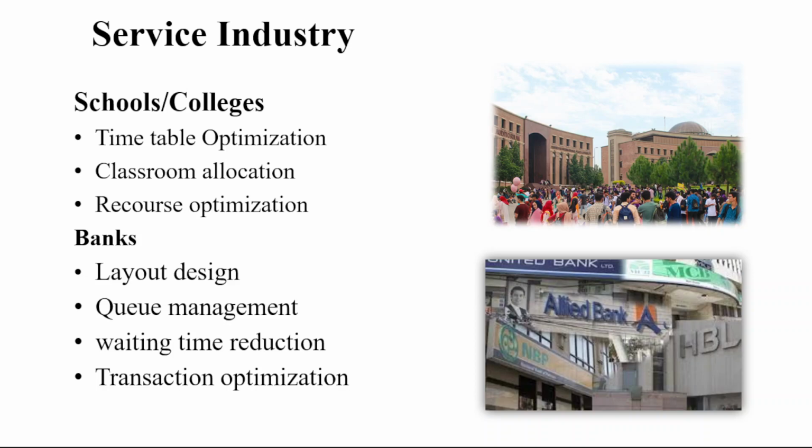This is again a complex problem involving very critical decision making, so that all classes are assigned to the students, all subjects are assigned to the teachers, and all teachers get their number of courses. To make these decisions, we can also use operations research.